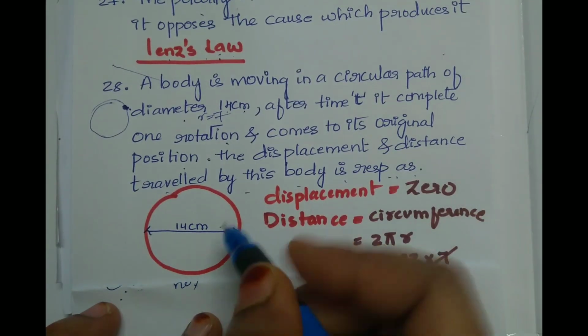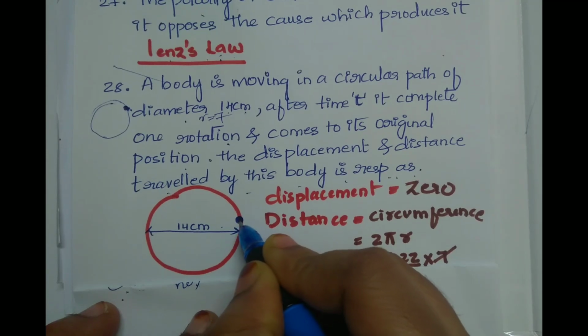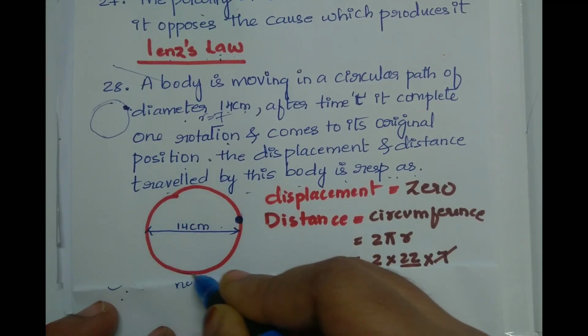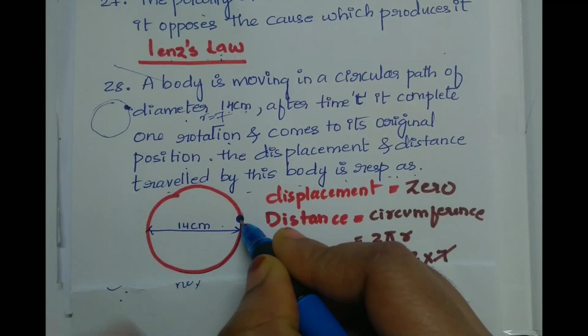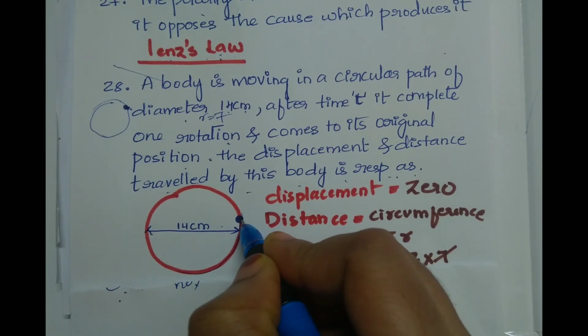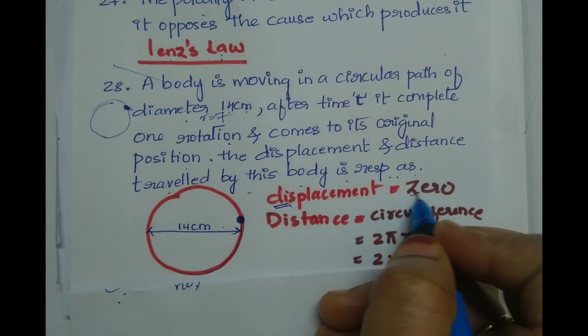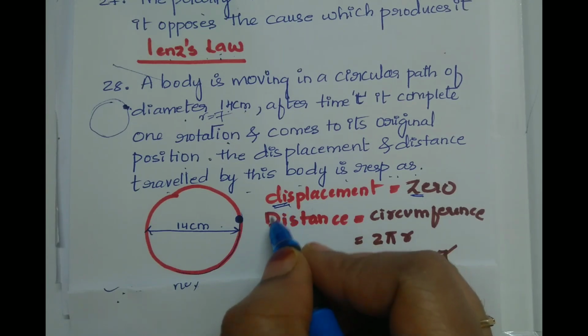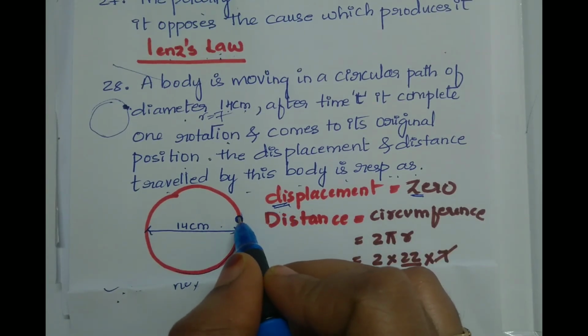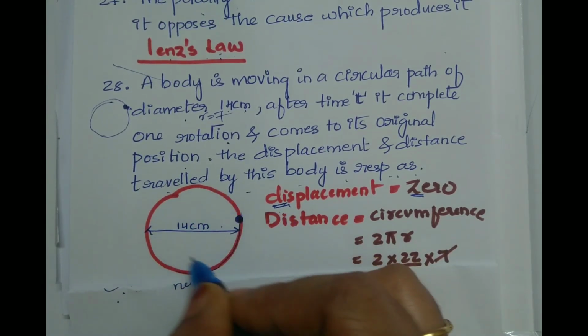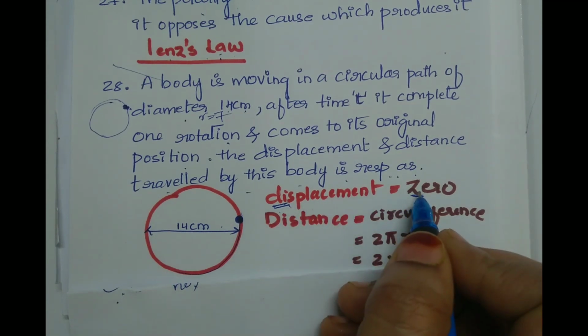see here, suppose a body started from this point, it moves into the circular orbit and it covers this circle and comes back to the same point. So we know that if the initial point and the final point are the same, then the displacement is 0. We have studied in our lower classes that if the initial and final points are the same, then we say the displacement is 0.